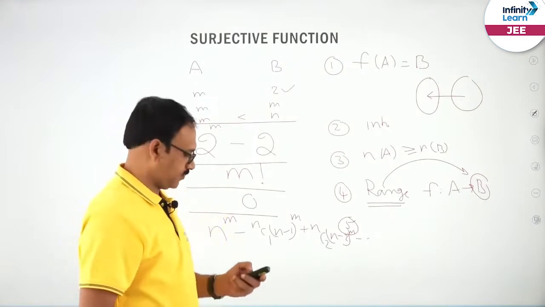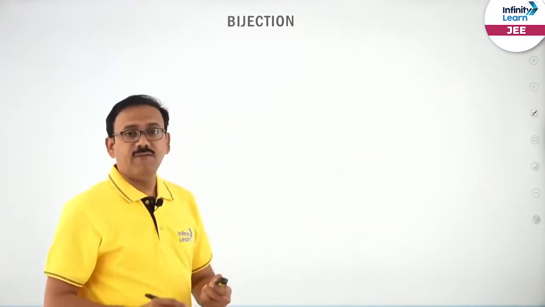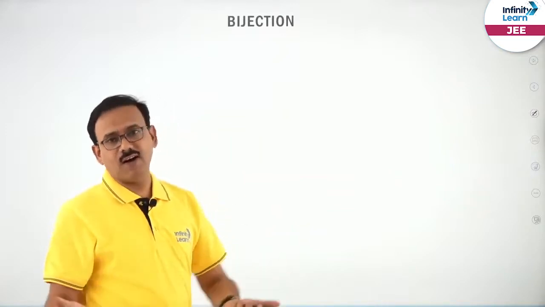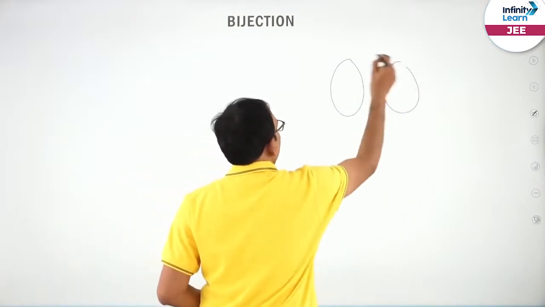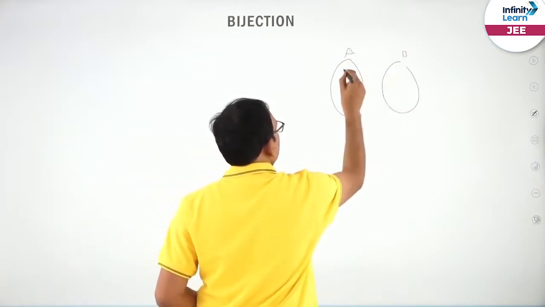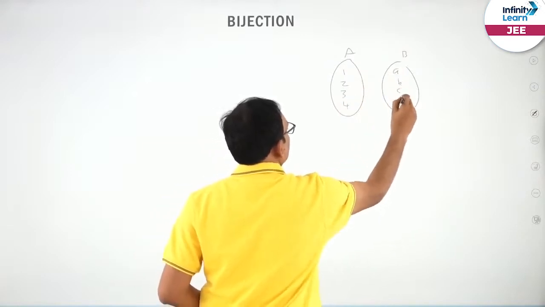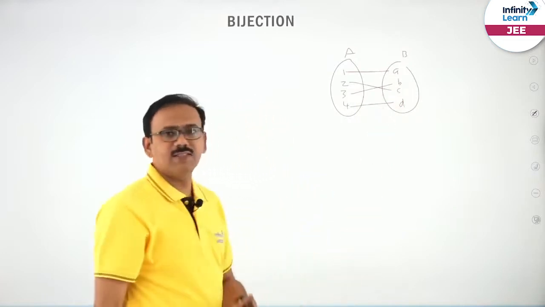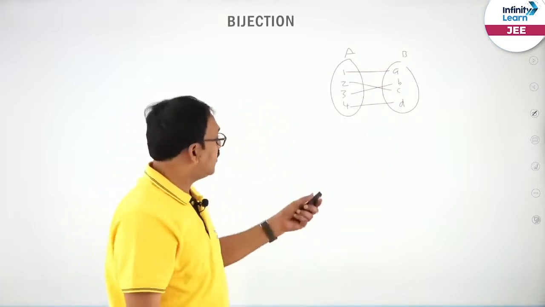Next, bijection. A function is said to be a bijection if it is both 1-1 and onto, that is all. For example, if A, B are finite sets, you can say 1, 2, 3, 4 and A, B, C, D. You see this function is definitely 1-1 as well as onto, and hence it is a bijective function, right friends.